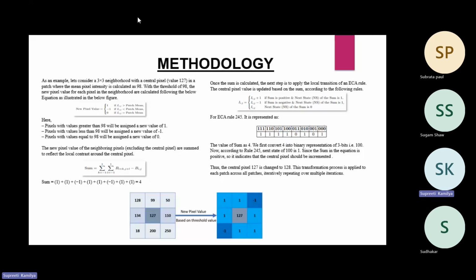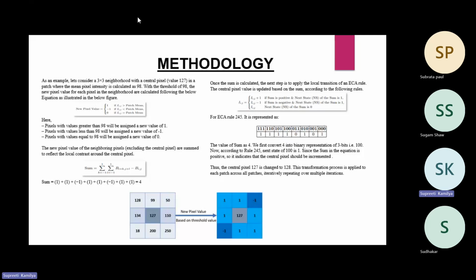Second, after getting the new pixel values, we calculate the sum of all these values, excluding the central pixel, because the central pixel is the one on which we are trying to make changes. After calculating the sum, in this case it is 4, we have tested all the 256 rules that are present here.